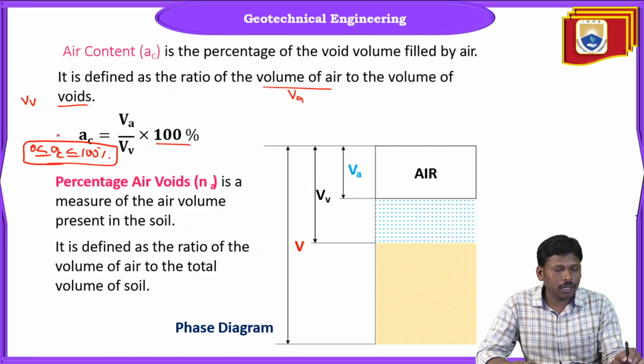As we can see in the mathematical formula of AC, it is the volume of air divided by the volume of voids, multiplied by 100.